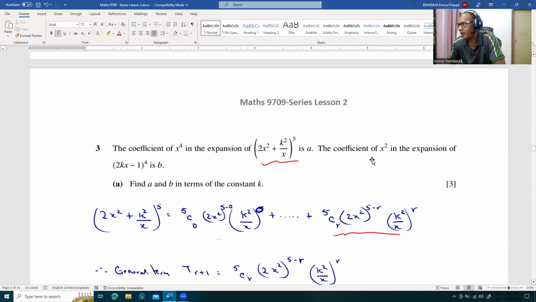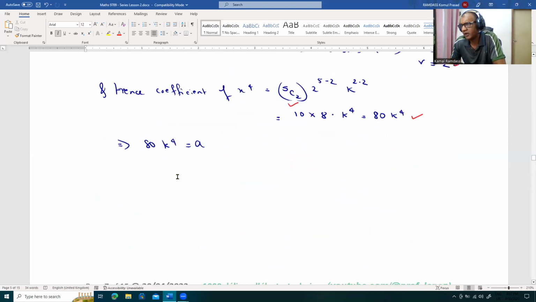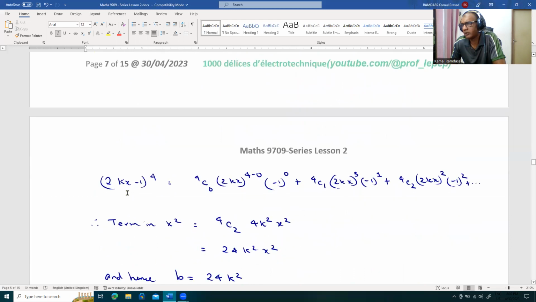Second, the coefficient of x squared in the expansion of (2kx minus 1) to the power of 4 is B. We need to expand this binomial expression, the same way. Because we want the coefficient of x squared, we will not use the general term here, we will use the first terms.